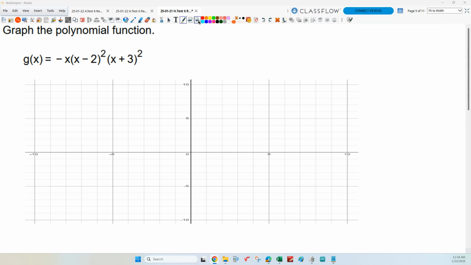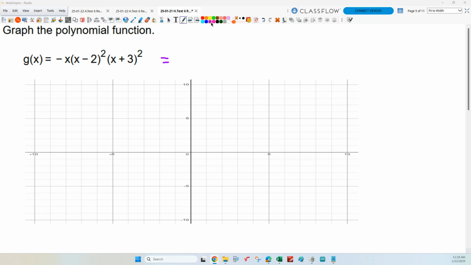Yeah, good. So if I were to multiply this whole thing out, what would the first term be? X to the what power? Well, from this part, I'm going to get an x squared.